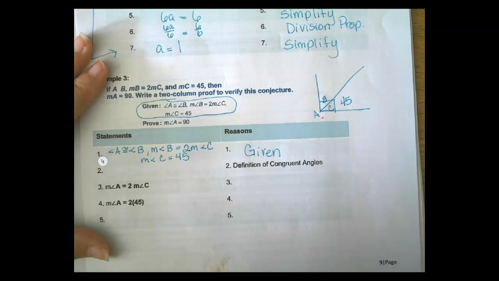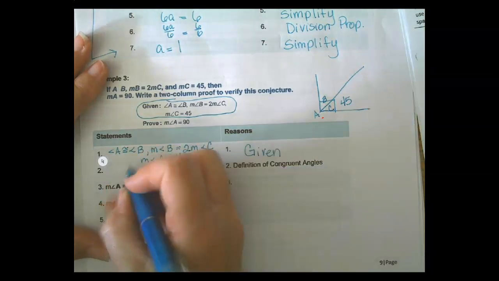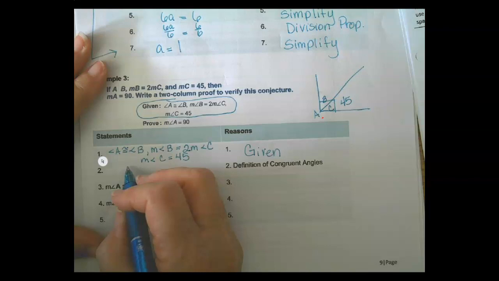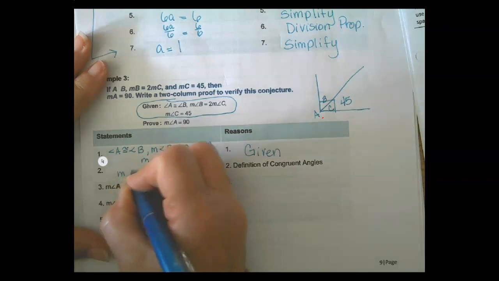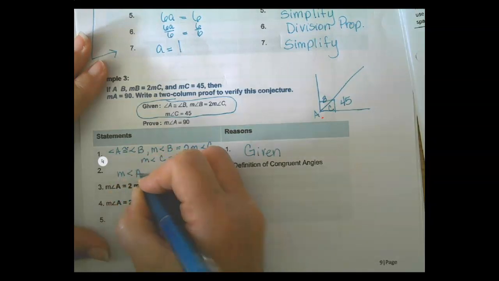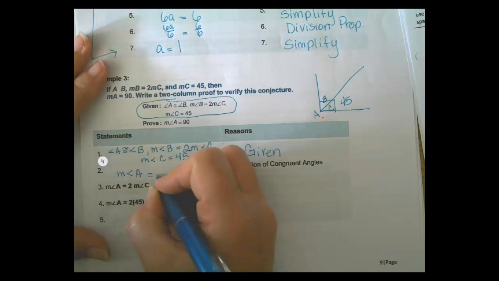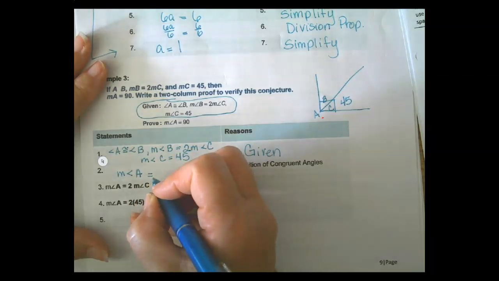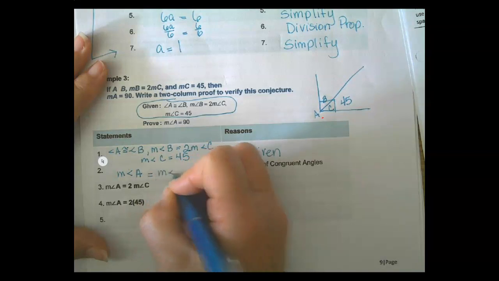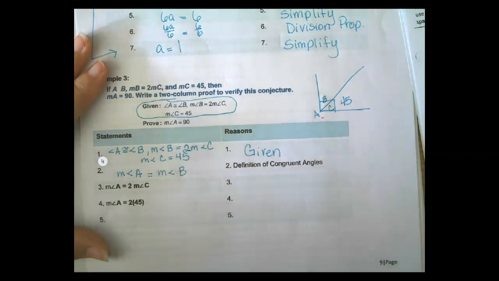Measure of angle A is equal to measure of angle B, right? Measure of angle A is equal to the measure of angle B by the definition of congruent angles. Oh, I see what I did here.